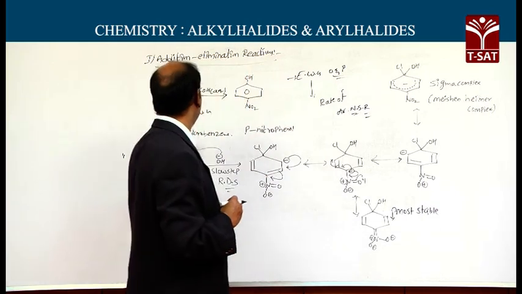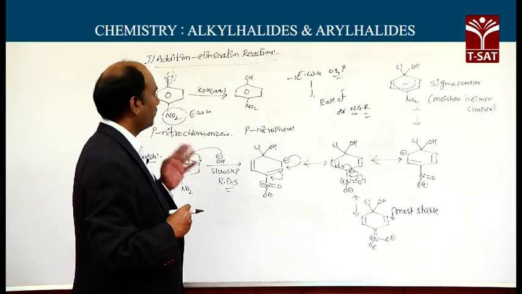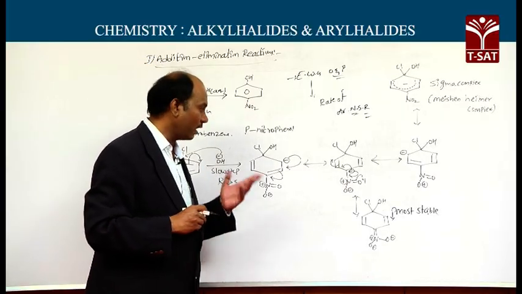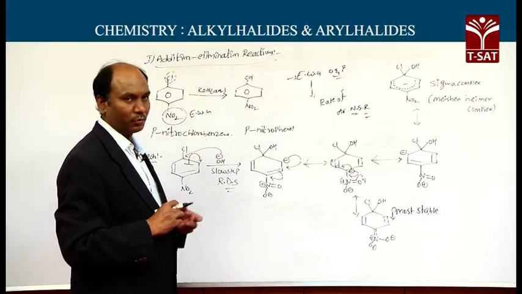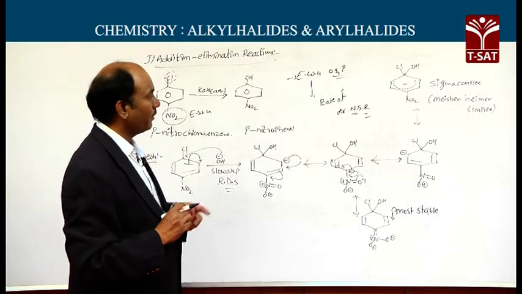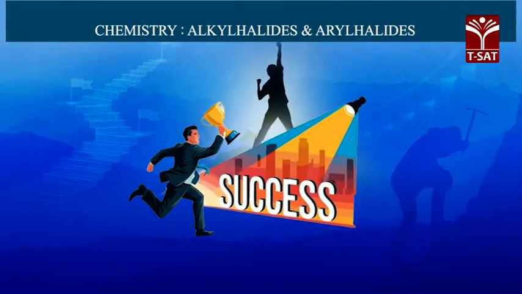Here the electron withdrawing group is at para position, this is a sigma complex. Suppose it is present at ortho position, there also a carbanion is formed, that is also stabilized by the NO2 group. Suppose it is present at meta position, the negative charge is not stabilized by the NO2 group.